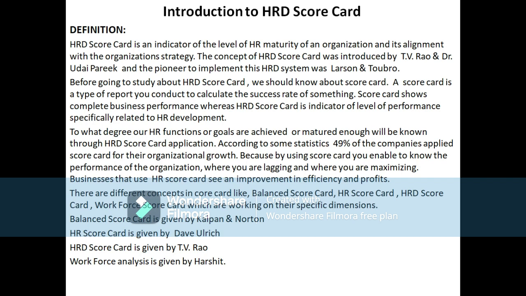How well these policies and procedures, strategies or the goals are achieved in the organization. So in this scorecard, they will analyze to what extent, to which level we have attained the goals of the organization regarding the HR department.